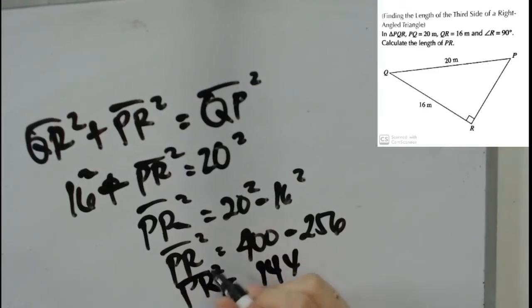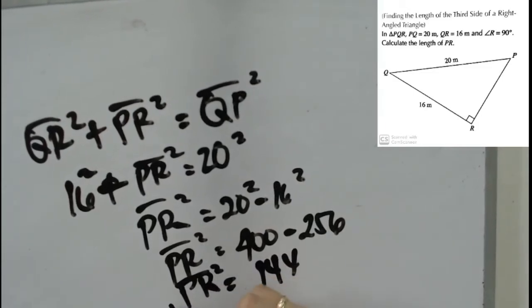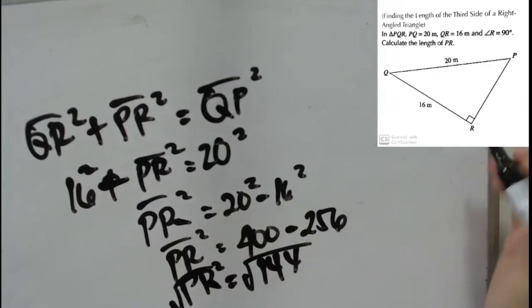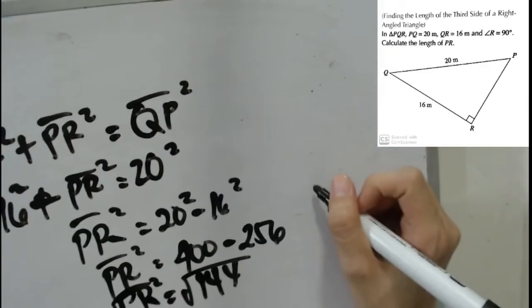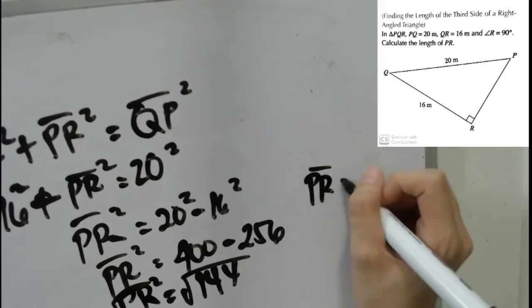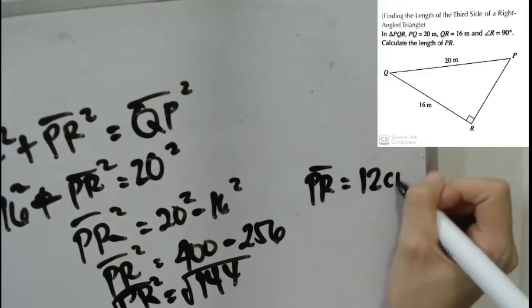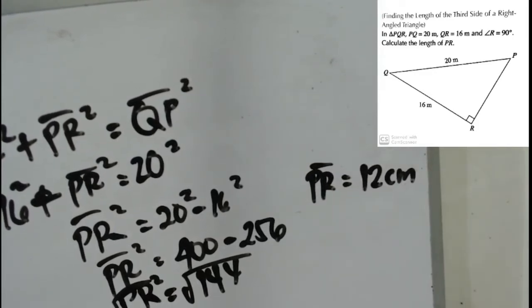So for us to eliminate the square, we are just going to get the square root of both sides. Getting the square root of 144, PR is now equal to 12 cm.